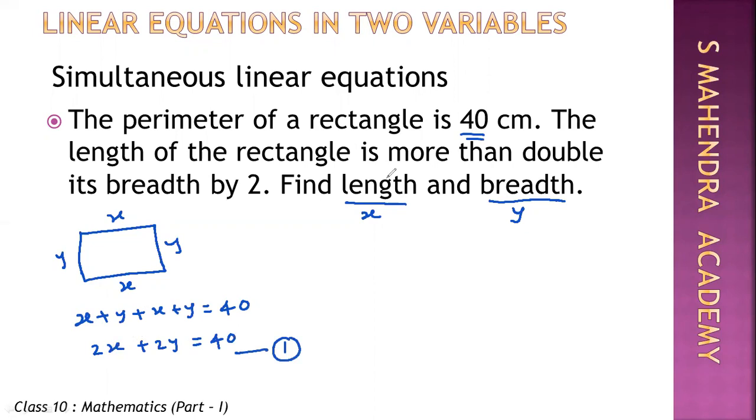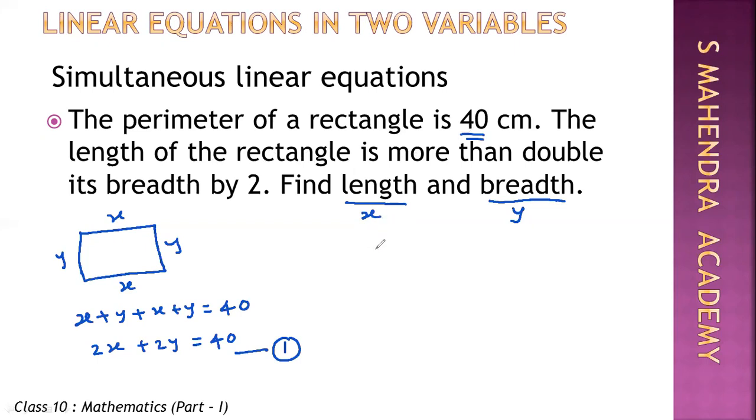Now for simultaneously solving, we have to find out the second equation, and it will be found from the second condition, that is the length of the rectangle is more than double its breadth by 2.